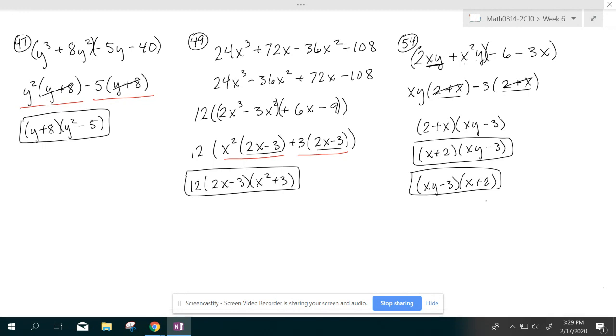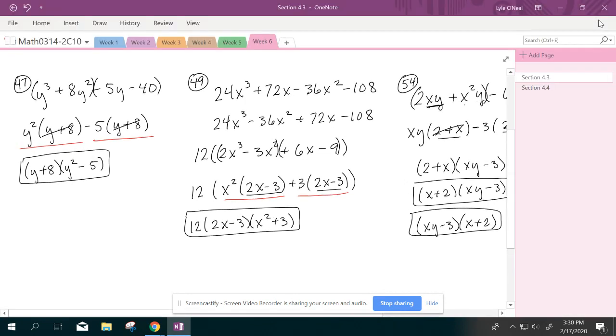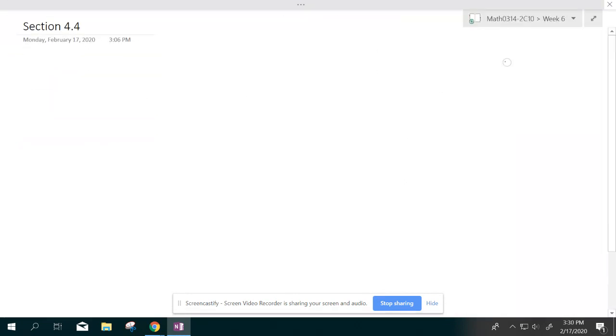Y'all ready to move on to the next section? Okay, here we go. Next section, 4.4. That's going to take us over to page 245. And we're going to start with problem number 1. Oh, and I guess it'd be nice if we knew what this section covered. We're still factoring.